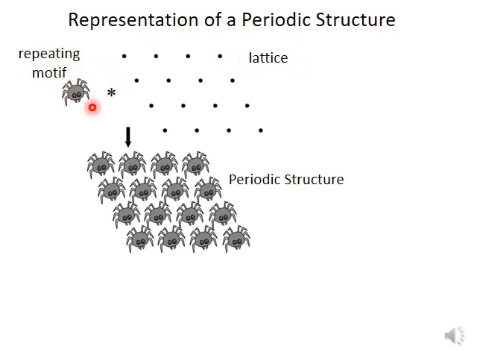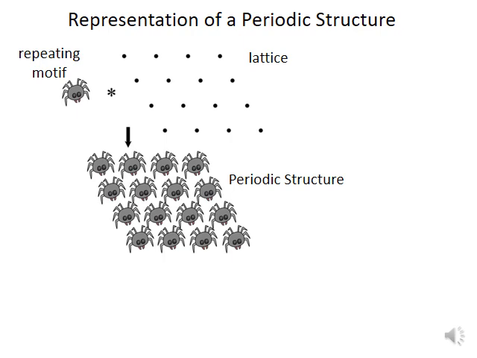So imagine if I place this repeating motif on each lattice point, I would get the periodic structure back. So that's how I would use the concept of lattice to introduce physical crystal.